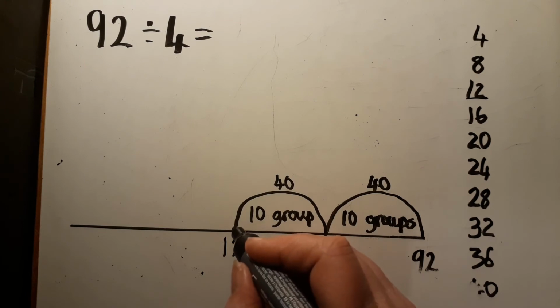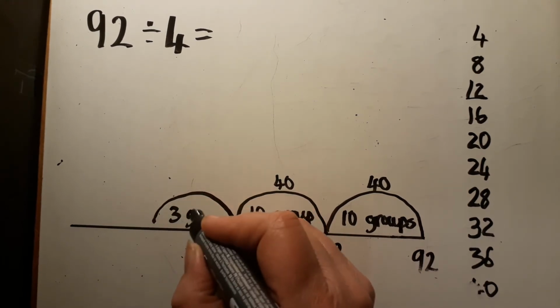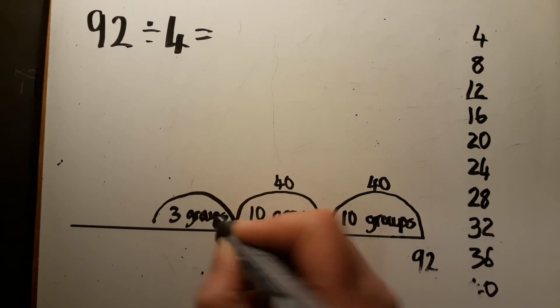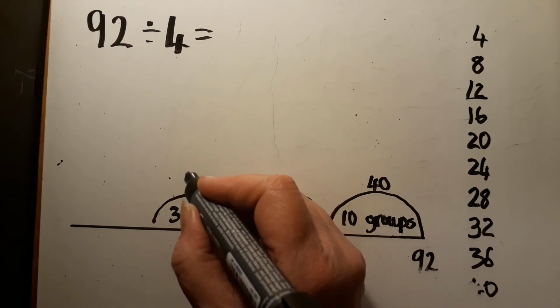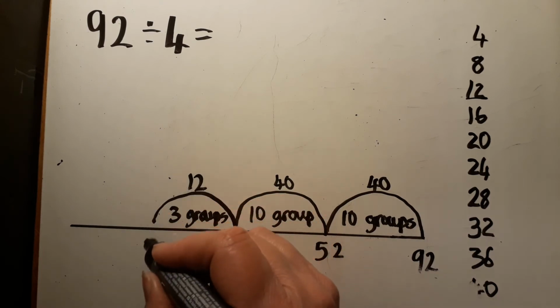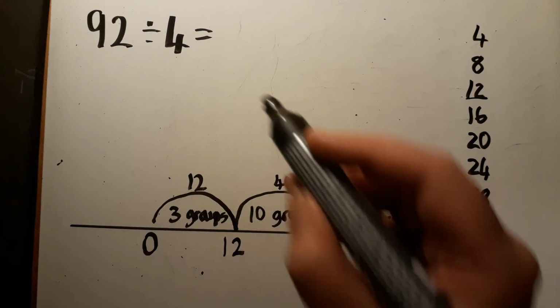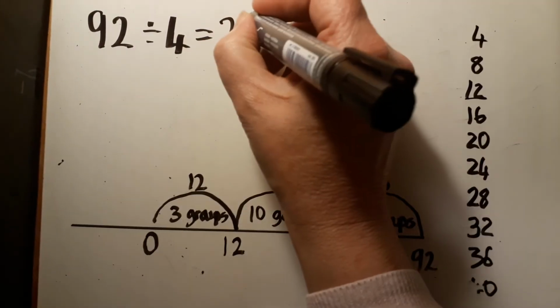So if I subtract 3 groups, can I fit it in? Yes. 3 groups is 12, and so when I do 12 subtract 12, that will leave me with 0, so there'll be no remainder. And I've taken 10 groups of 4, 10 groups of 4 and 3 groups of 4, so altogether that's 23 groups of 4.